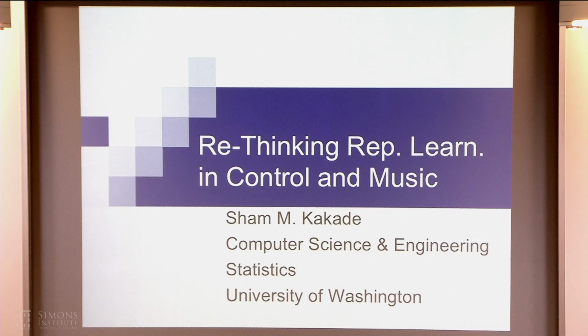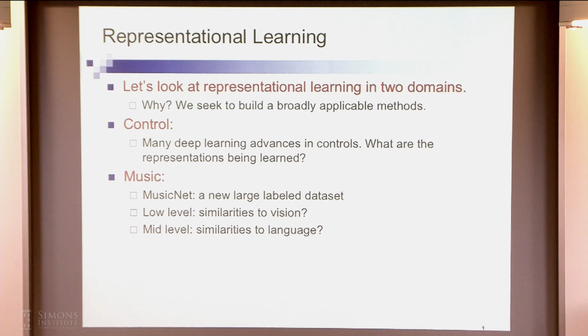Okay, so today I'll be talking about representation learning in two different domains. Many of us believe representation learning is important for making progress and achieving state-of-the-art. Rather than looking at this problem in a vacuum, it might help to look at some of the specific challenges that come up in different domains, what the commonalities and differences are, and how to really advance state-of-the-art.